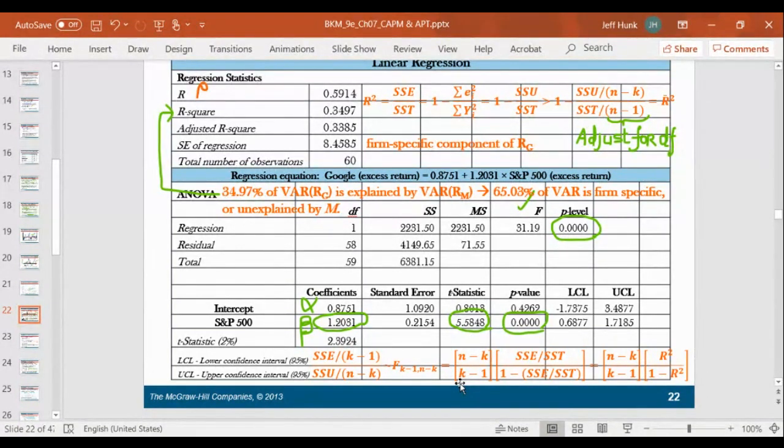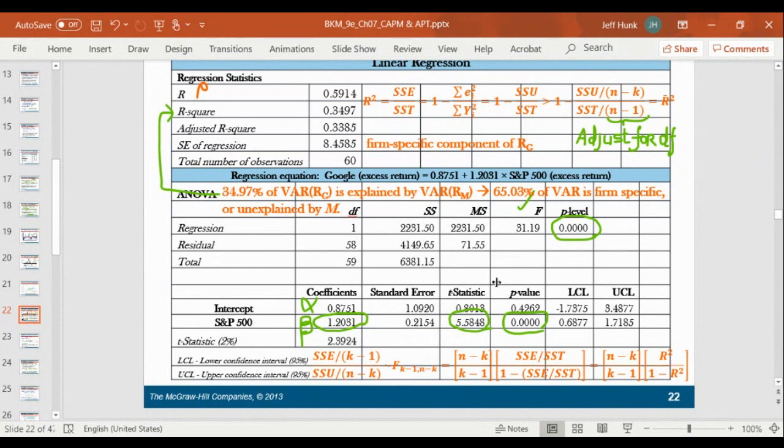Okay, it's not a fluke, it's not by chance that this number came up. But look, the t-value of beta is very high, 5.58. What does that mean? So this estimate is not by chance, right?